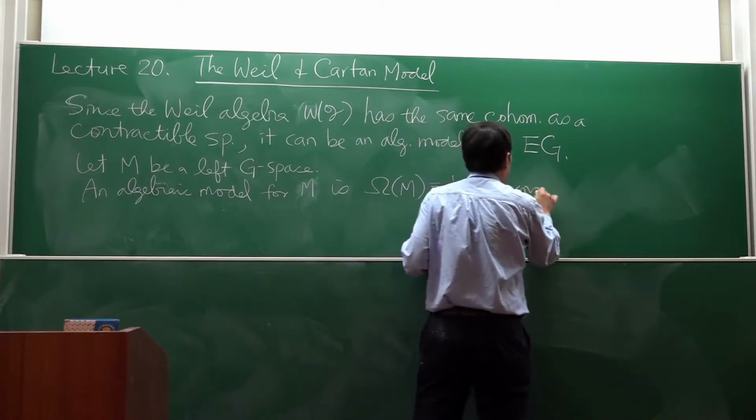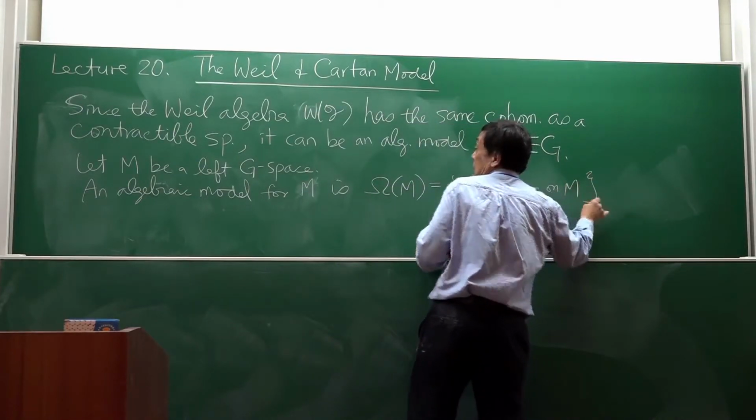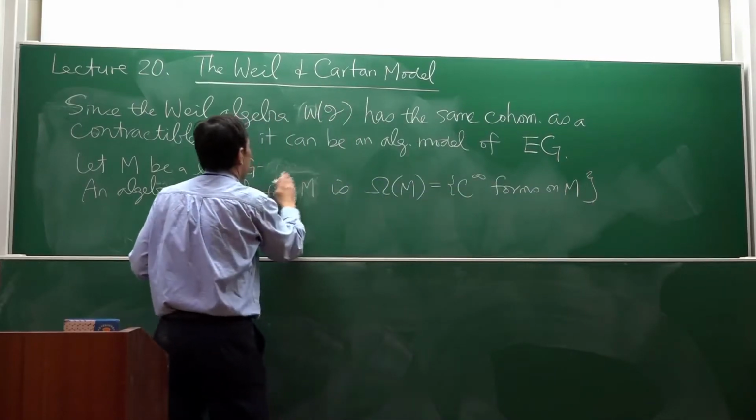Let's say infinity forms on M. So M is a left G manifold.